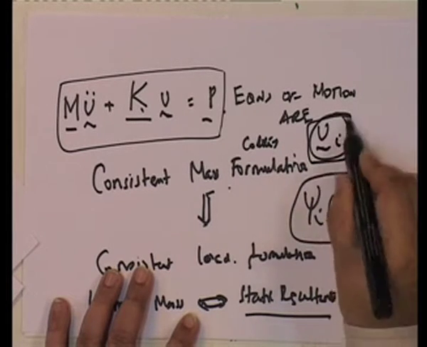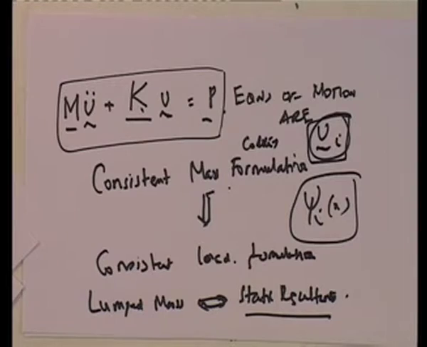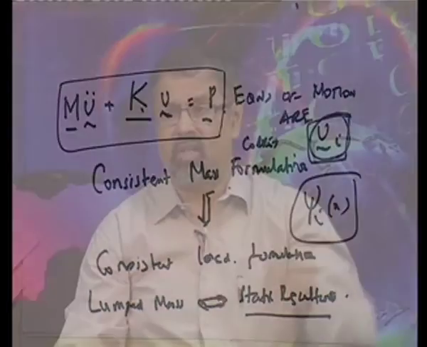So, if you use different degrees of freedom, your mass and stiffness matrices and load vectors are going to be different. I have showed you that two lectures ago. So, I do not want to continue that.